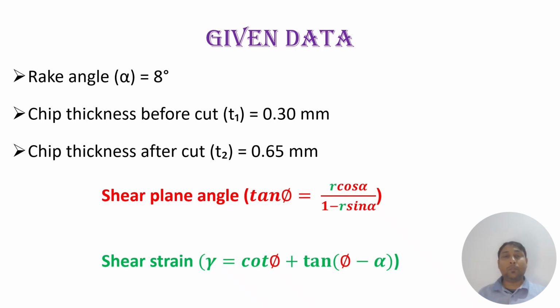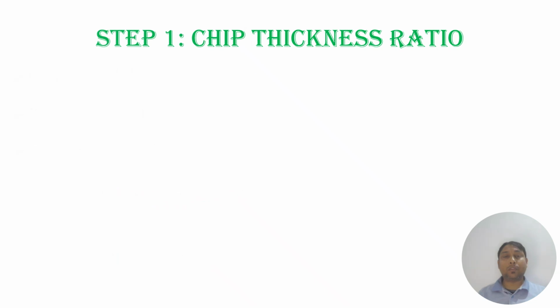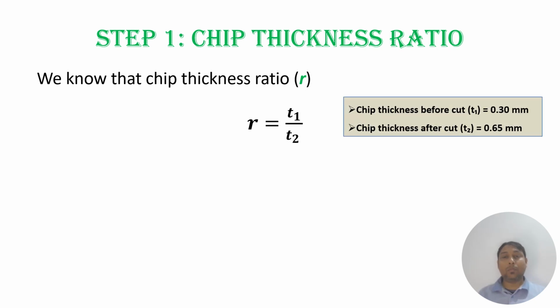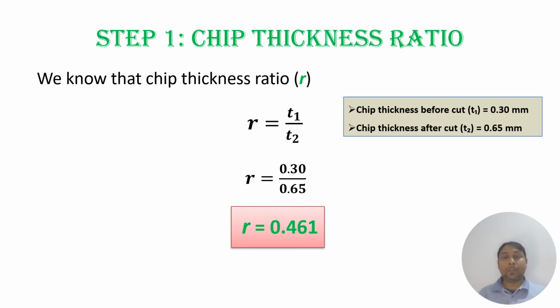So we move to the first step, to find the chip thickness ratio, and we know that the chip thickness ratio, denoted by a small r, is equal to T1 by T2, and the values of T1 and T2 are already provided in our question. Now you have to put in these values and find the value of r.